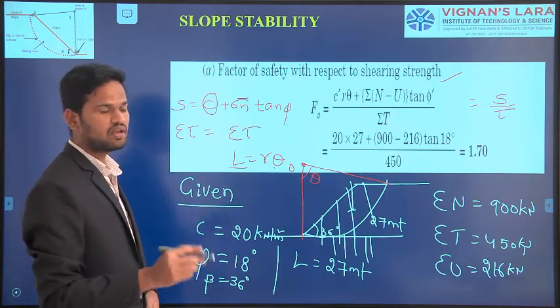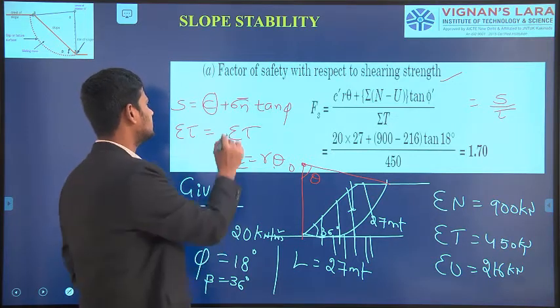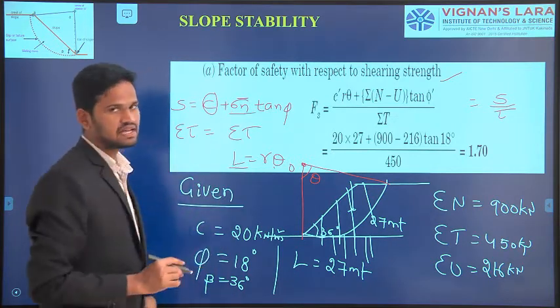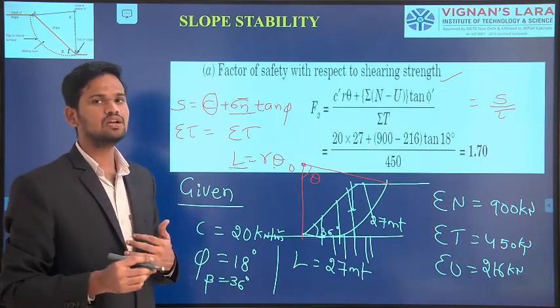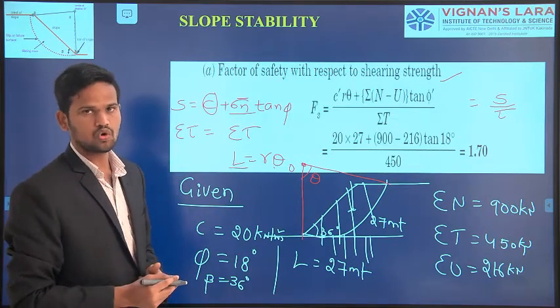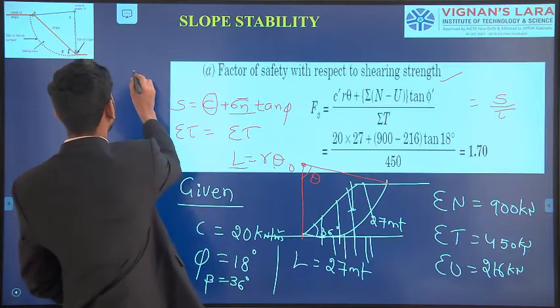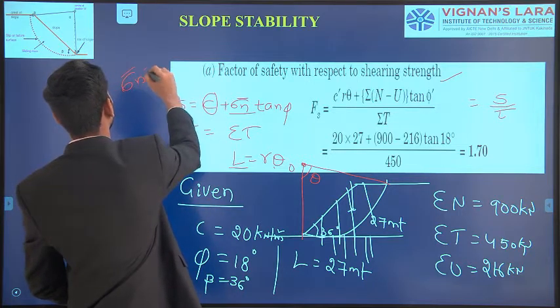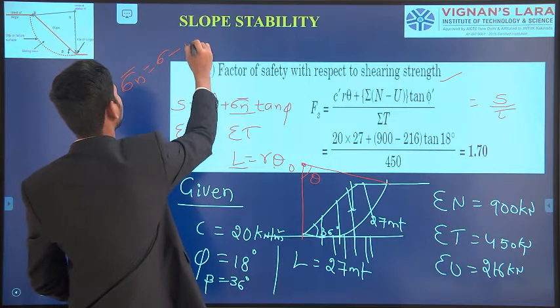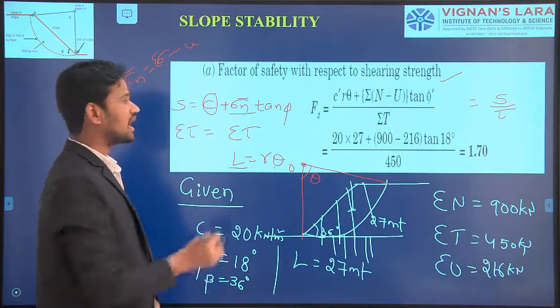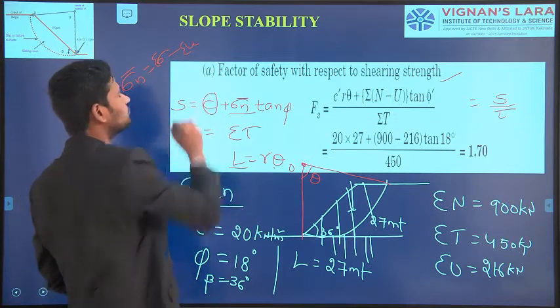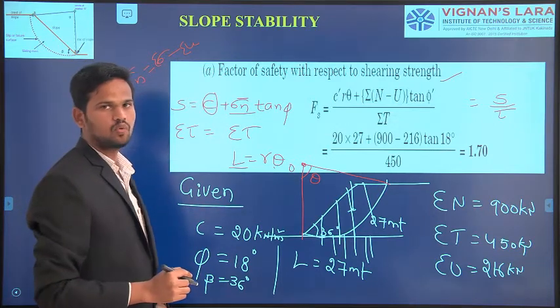And again, sigma n is the effective stress of the soil mass. Effective stress is total stress minus pore water pressure, where effective stress sigma n bar equals total stress minus pore water pressure, where total stress is the summation of normal forces and mu is the summation of pore water pressure.